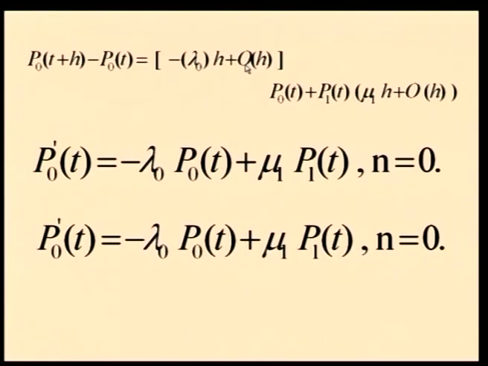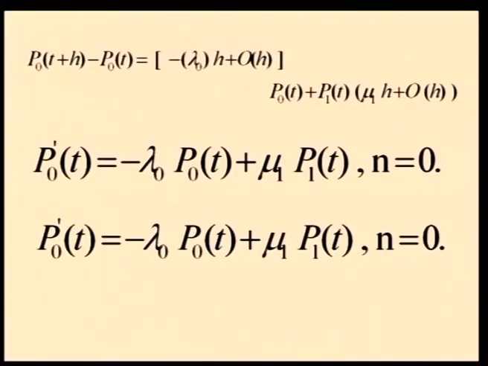The probability of no arrival, in the knowledge that no customer is there in the system, or 0 customers at time t in the system, is given by 1 minus lambda naught h plus O of h. From that, the 1 into P naught of t has been taken onto the left, and hence we have this expression out here.